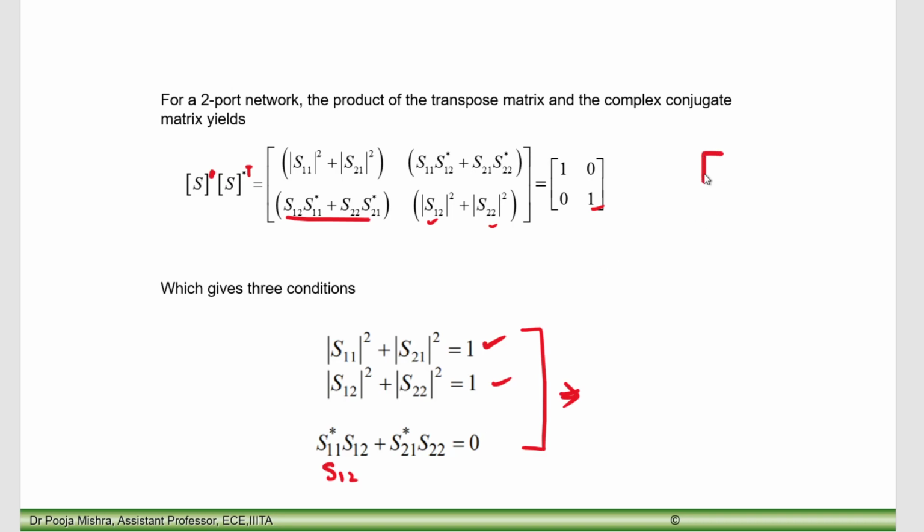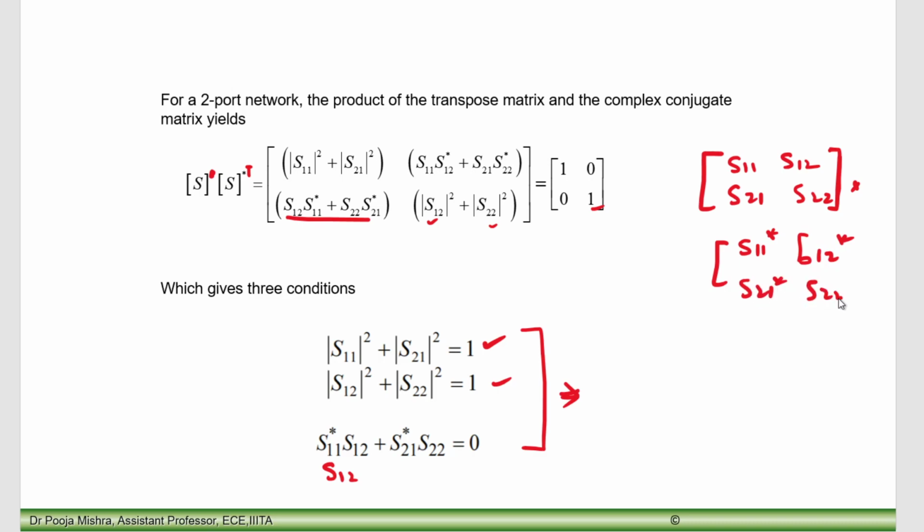You have this matrix S11, S12, S21, S22, and this matrix S11 conjugate, S12 conjugate, S21 conjugate, S22 conjugate. When you multiply these two, you get this particular equation.